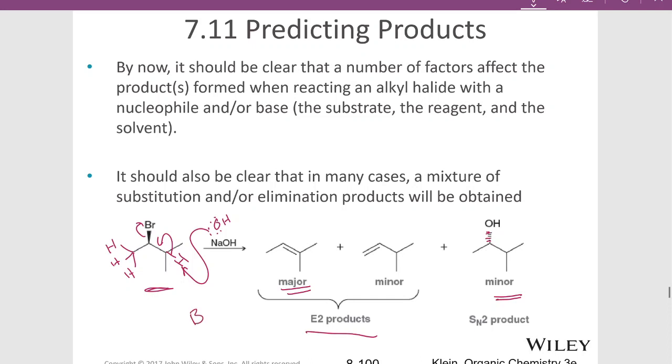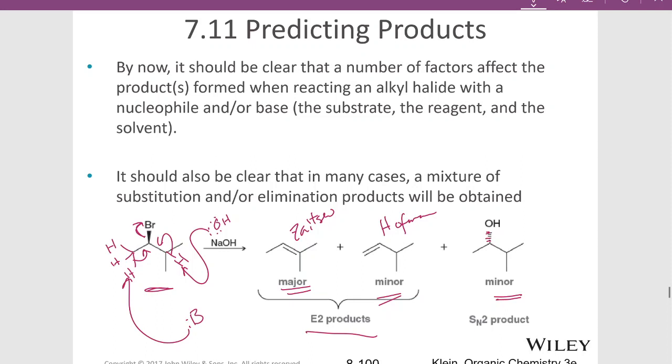If our base pulls off one of these end hydrogens, forms a double bond, and kicks out the leaving group, then we form this as a possibility. The left one is the Zaitsev product, and the right one is the Hofmann product. The Zaitsev product will be major if we have a small base, and the Hofmann product will be minor if we have a small base.